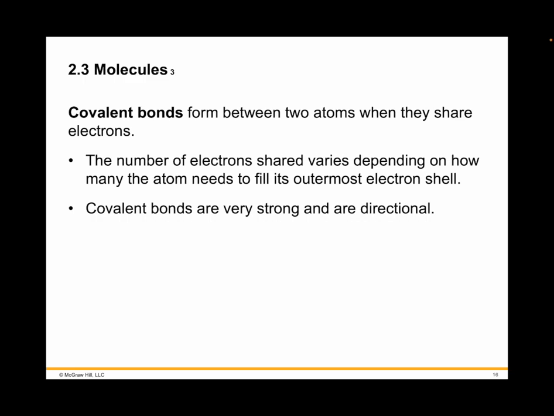The strength of covalent bonds increases as more electrons are shared. If only one pair of electrons is shared between two atoms, the covalent bond is called a single covalent bond. If 2 pairs of electrons are shared, it is a stronger bond called a double covalent bond. And if 3 pairs are shared, it is a very strong triple covalent bond.